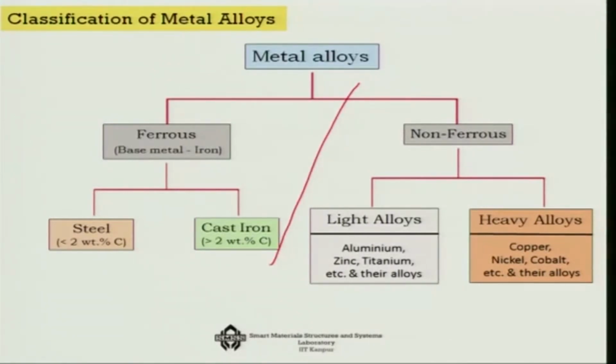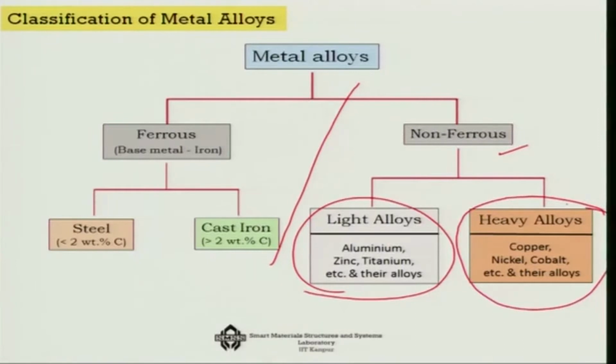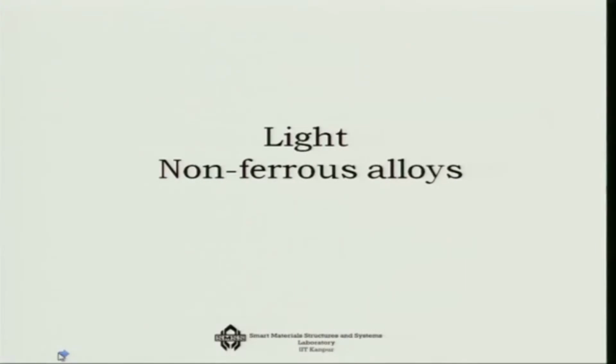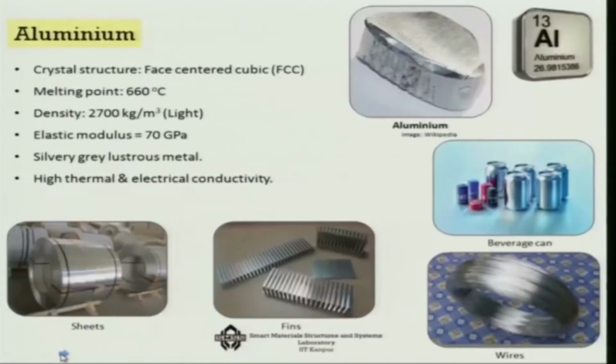In today's lecture, we are going to talk about non-ferrous alloys: various light alloys from aluminium, zinc, titanium and their alloys, and also heavier alloys, for example those of copper, nickel, cobalt, etc. So, a light group and a heavy group. Let us first talk about the light group, then we will go to the heavy group.